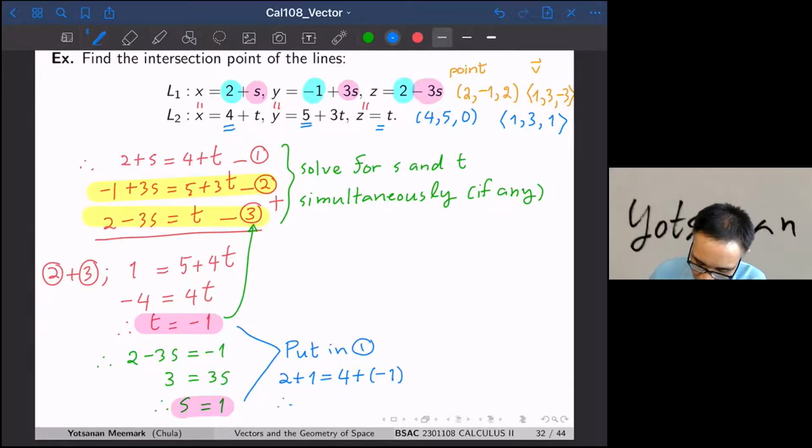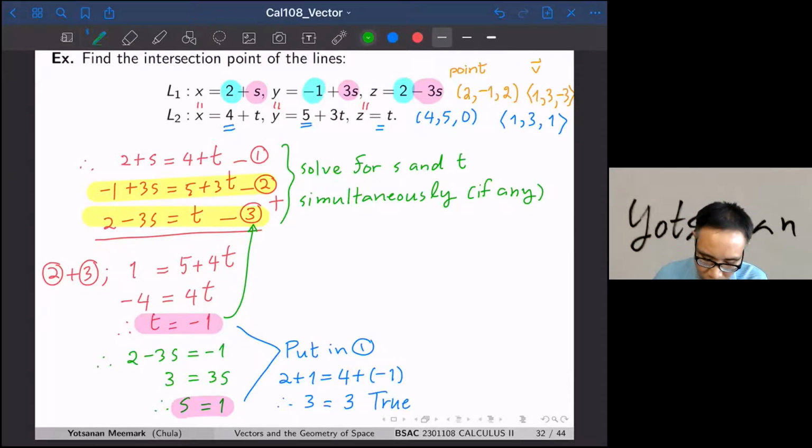So you get 3 equal to 3. So s equal to 1, t equal to negative 1 satisfies these three equations simultaneously. So it's true, and you get the s and t that you're looking for.